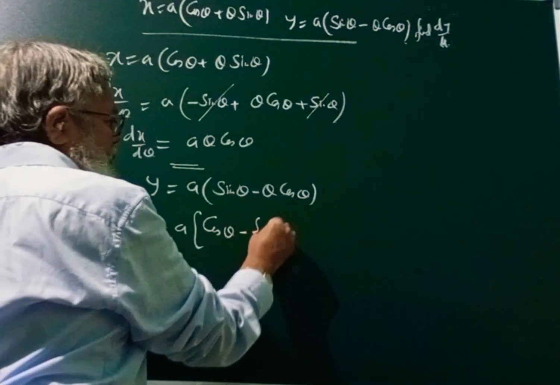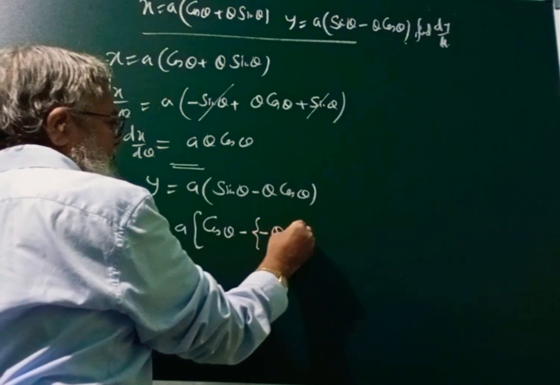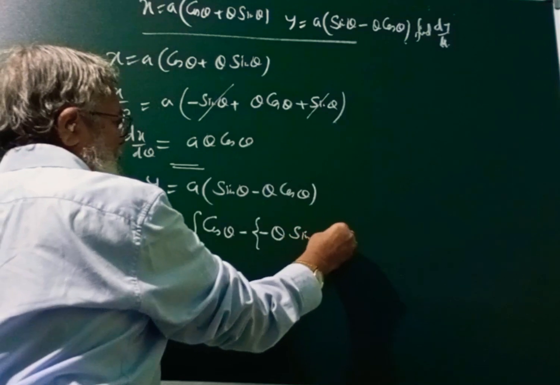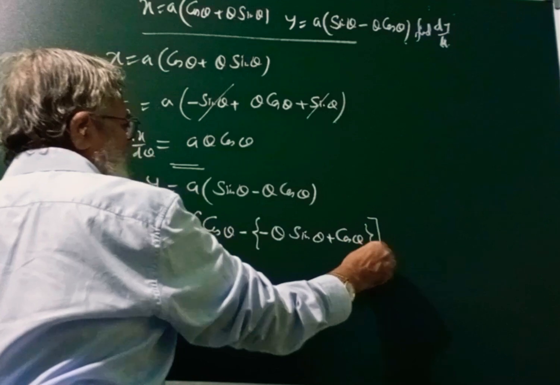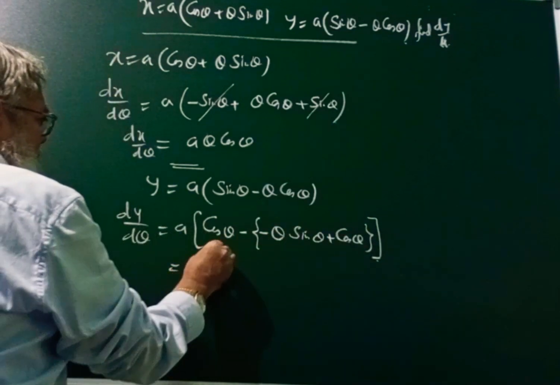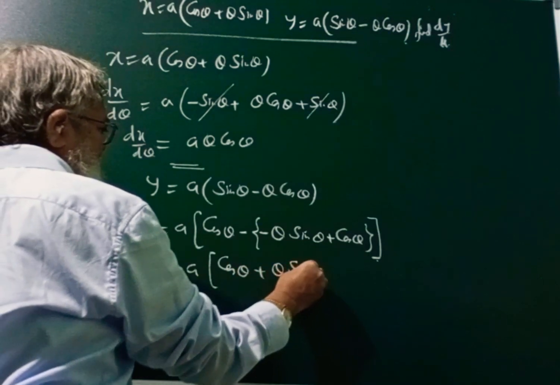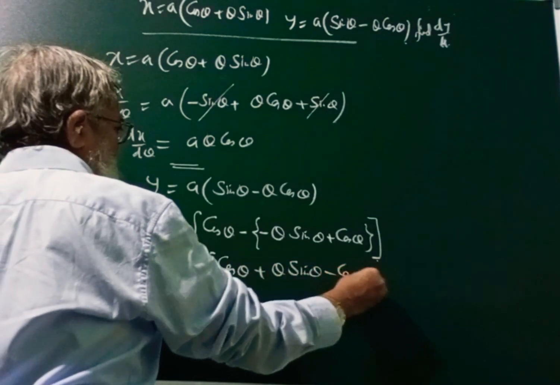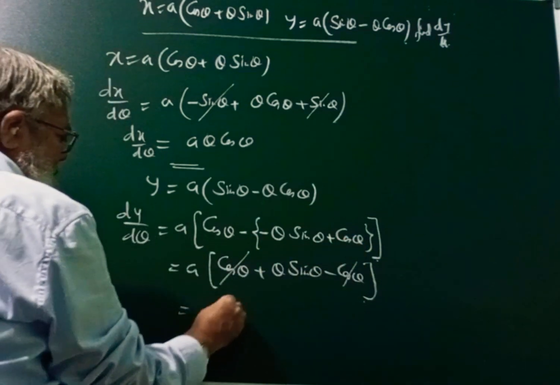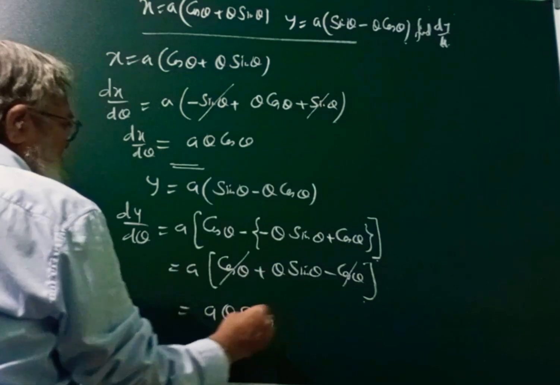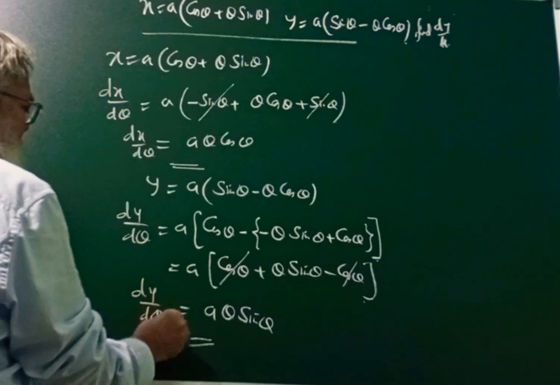First function as it is, differentiation of cos theta is minus sin theta, plus cos theta as it is, differentiation of theta is 1 here. That is a into cos theta plus theta sin theta minus cos theta. The minus and plus get cancelled. That is a theta sin theta, that is the value of dy by d theta.